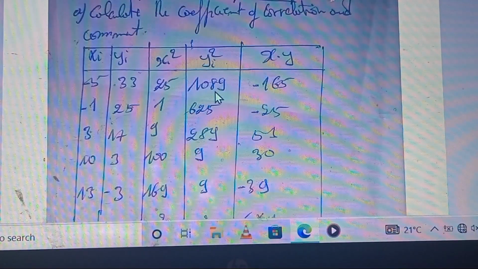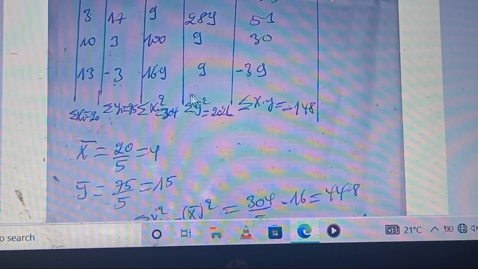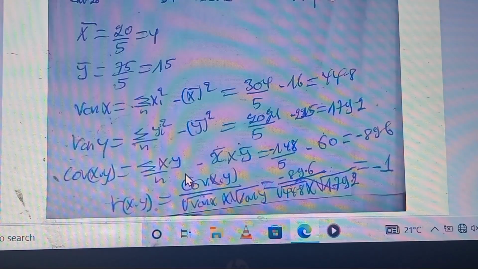After you complete that table, you apply the formula. The mean means the summation of x over n, which is 5, you get 4. Y mean is 75 over 5, you get 15. Then to find the variance of x, you get the summation of x square over n minus the mean of x square, then you get 44.8.